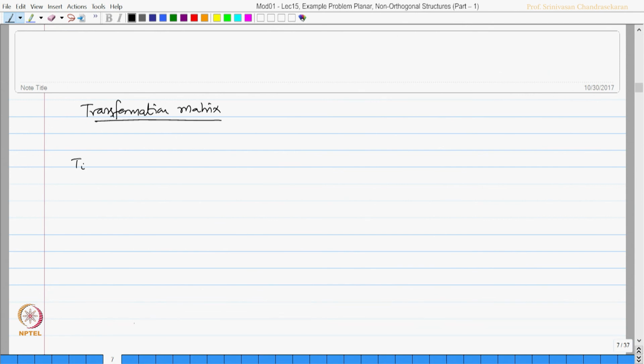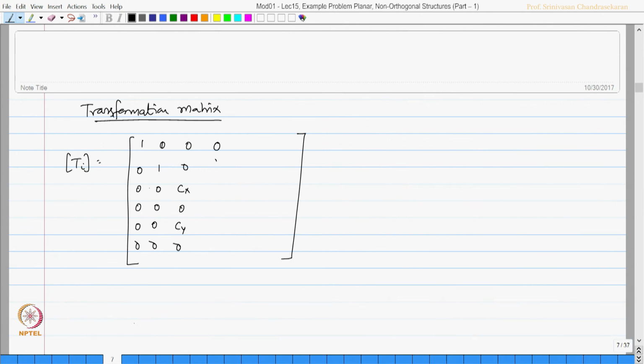Transformation matrix T of any member i is actually given by a 6 by 6 matrix, okay: 1, then 1 and 0 0 C x 0 C y 0, then 0 0 0 C x 0 C y, then 0 0 minus C y 0 C x 0, then 0 0 0 minus C y 0 C x, okay, where C x and C y are available in the table here.